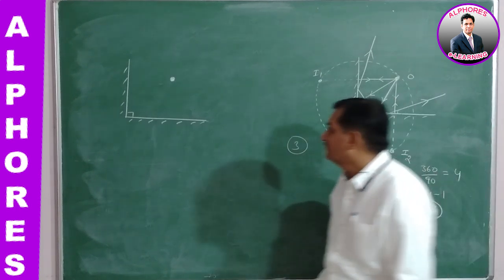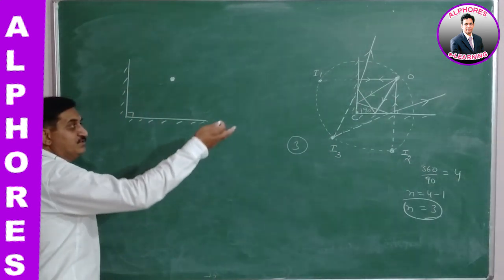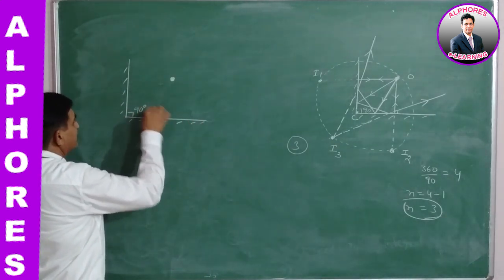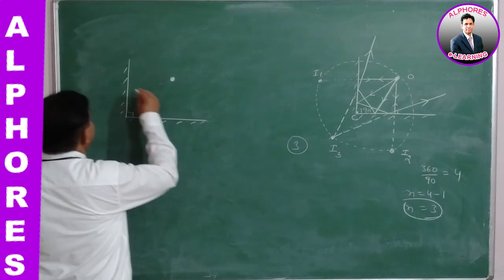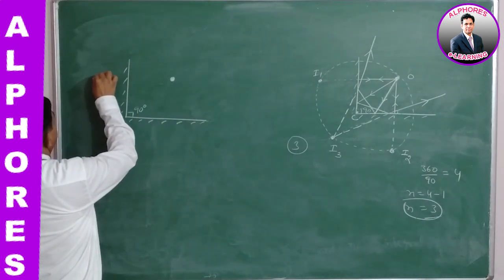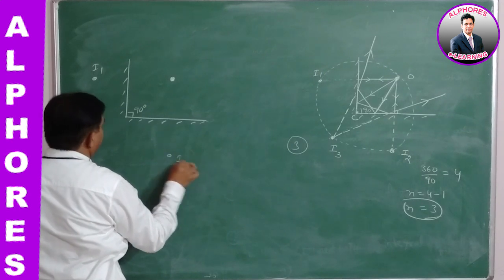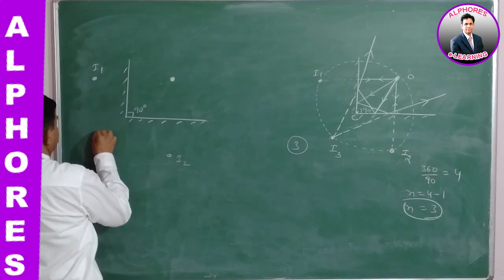Let us see. As we discussed, if two plane mirrors are at right angles to each other, how many images are formed? Three images. This is I1, this is I2 and this is I3.